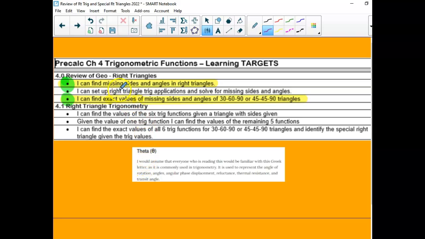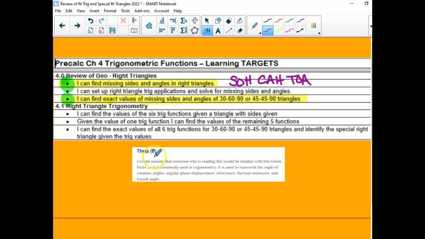The learning targets today are to just find missing sides and angles in right triangles using, I hope this looks familiar to some of you, sine, cosine, and tangent. Does that look a little bit familiar? Okay. And then also find exact values of missing sides and angles in 30, 60, 90, and 45, 45, 90 triangles.